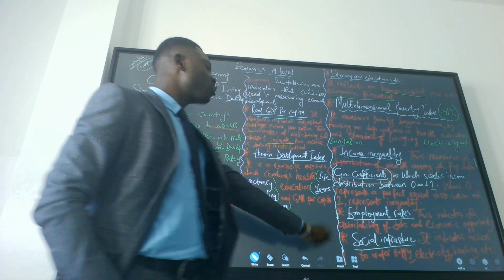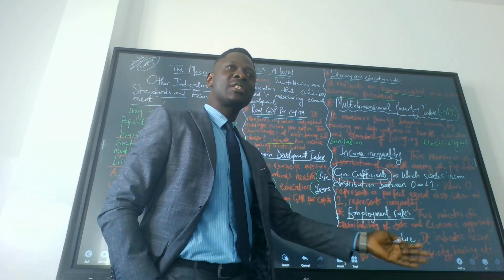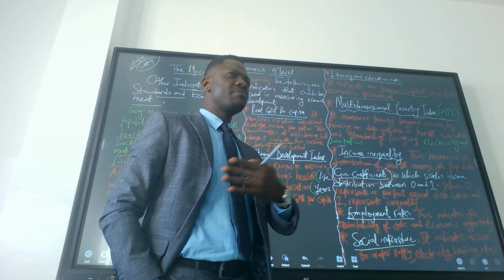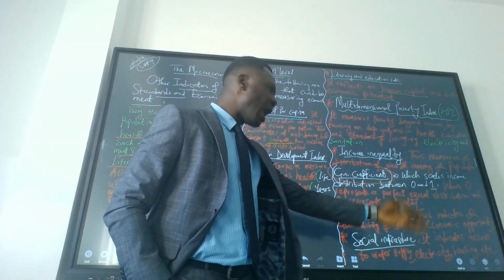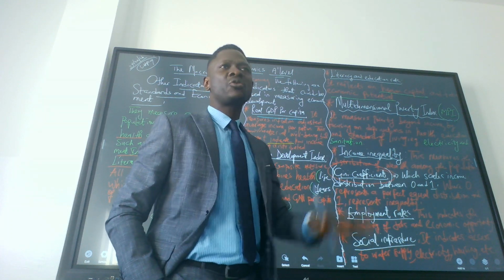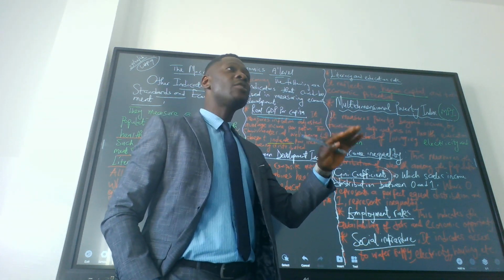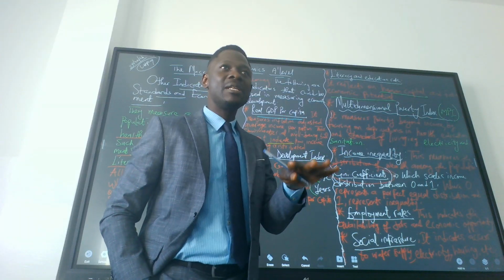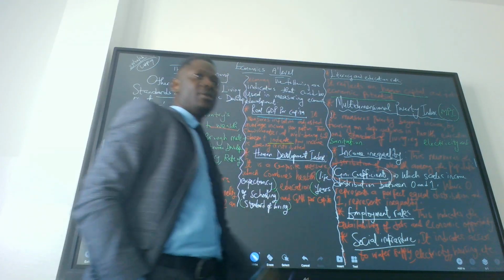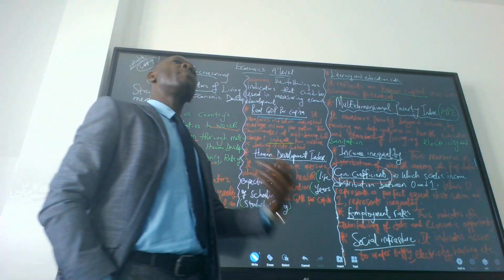And the last one is social infrastructure. Here we're talking about electricity, water supply, even education, housing. These are infrastructure. The kind of infrastructure an economy has might as well determine its progression in terms of its population.